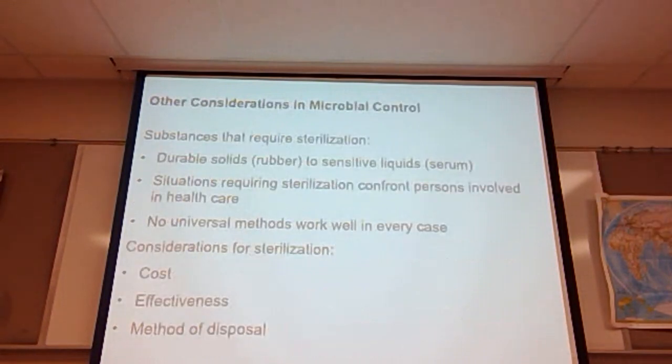Substances that require sterilization, from durable solids to sensitive liquids, and we'll talk about how we handle different things when we come to needing them to be sterilized. The situation requires sterilization. Confront persons involved in healthcare. If you've ever been in a hospital in an ICU ward, you may see a nurse in full scrubs, fully dressed to go into a sterile situation.